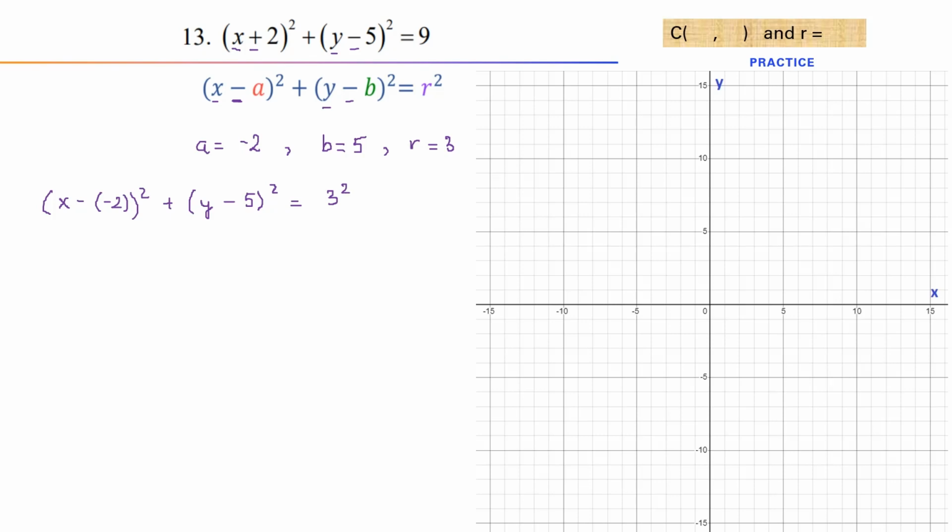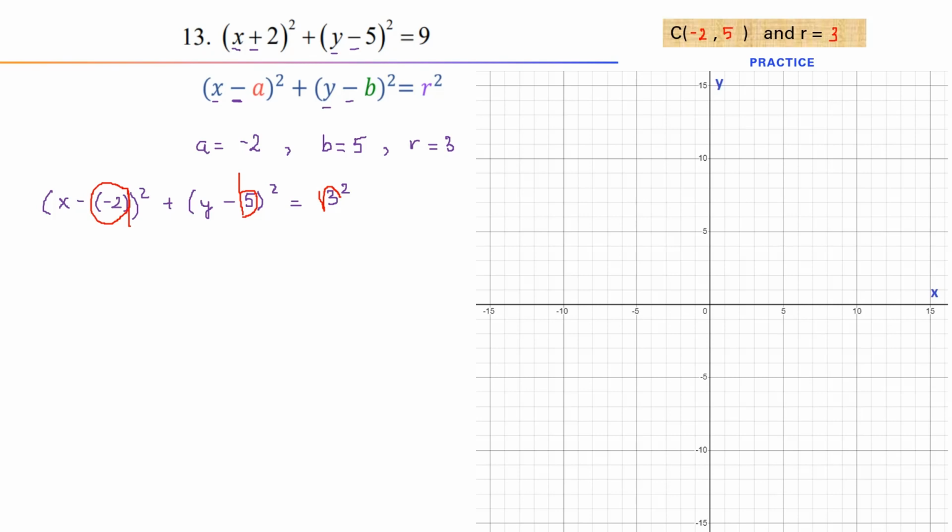So that's how we have our a, our b, and r. So negative 2, comma 5, and r equals 3.